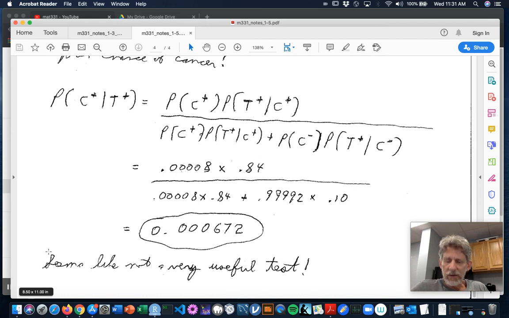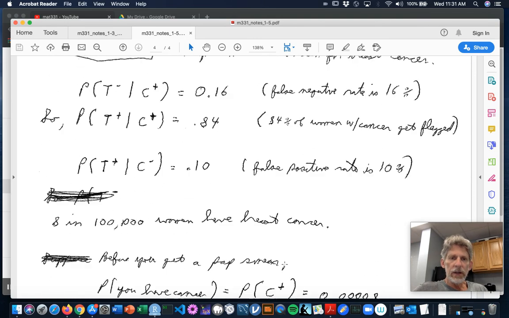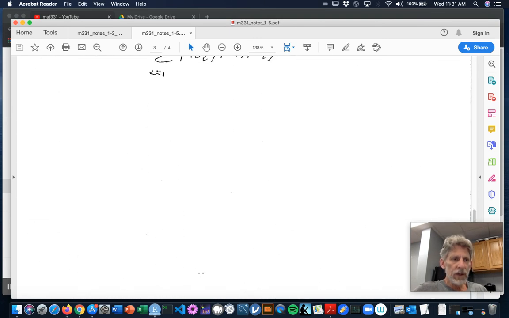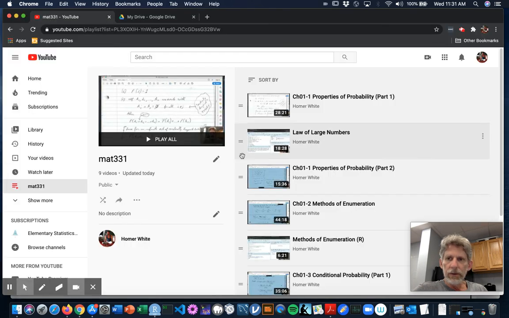It seems like a not very useful test here, but I don't know all the money, medical procedure, and system thinking behind whether we should continue to do pap smears. So that's it on Bayes' theorem, and see you later.